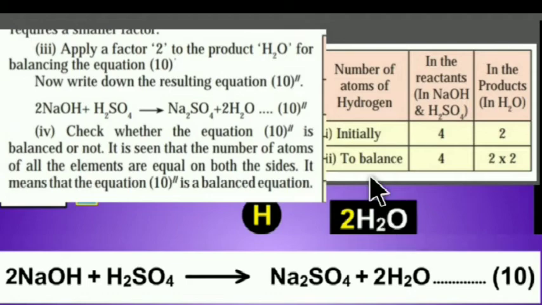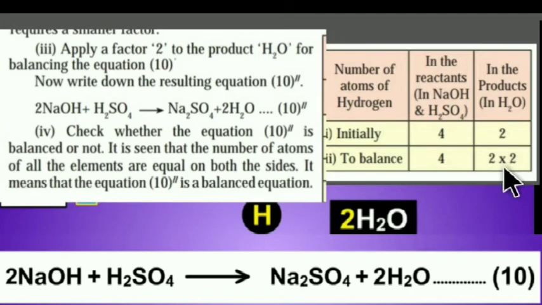Then let's see the initial number of hydrogen: in the reactant it is 4, while in the product H2O it is 2. But we give 2 to the product, hence we get here 4 as it is, and we multiply by this 2, hence we get 4 here also.